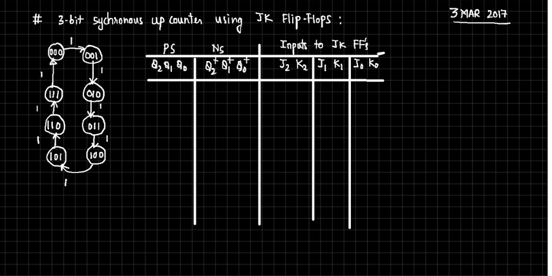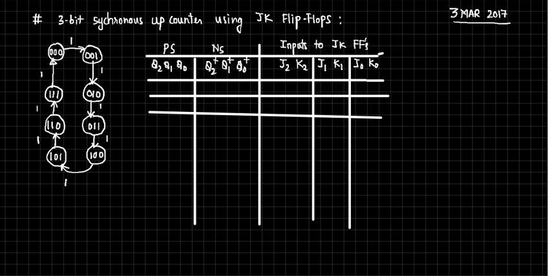Now let me write down the states first. Now see here, if the present state is 0 0 0, what is the next state we expect? 001, right?